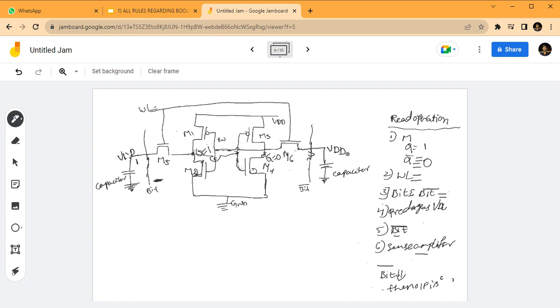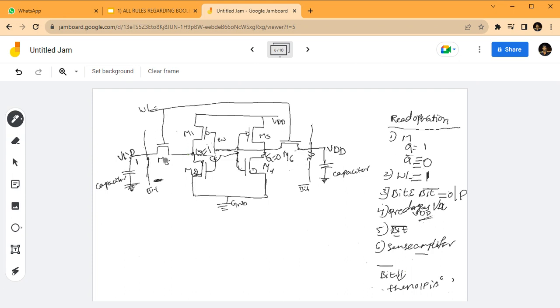Then WL, the word line, will be 1 to access the bit and bit bar values. Here bit and bit bar act as outputs in the read operation. The capacitor is a pre-charged capacitor, therefore it is at voltage VDD.